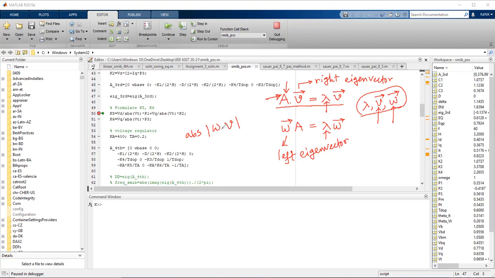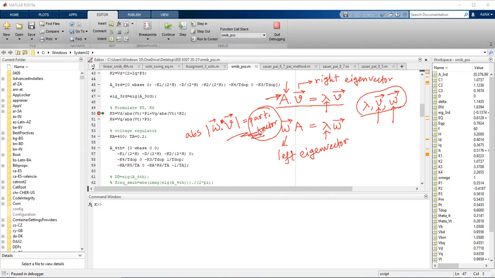That should be element-wise multiplication. I'm using the MATLAB command, element-wise multiplication. So W dot product with V, these are the vectors, and that should give you the participation factor. Now how would this value help, let's see.